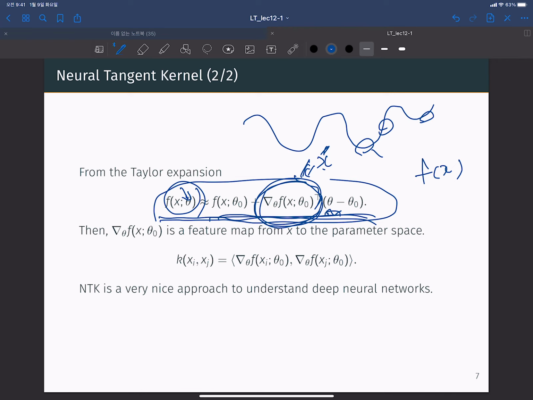But in practice, people consistently observe that the training and test error difference is not huge, even with such huge overparameterized model.